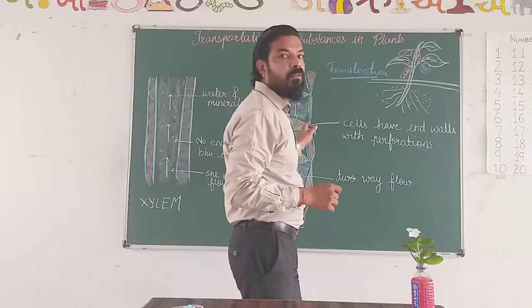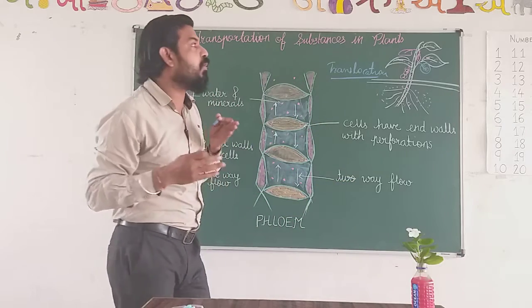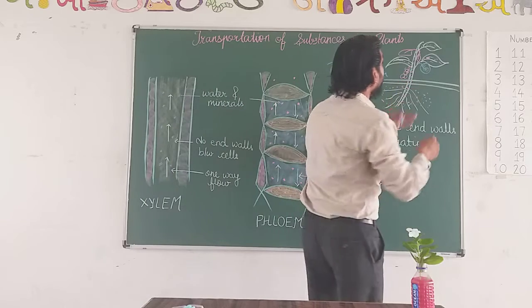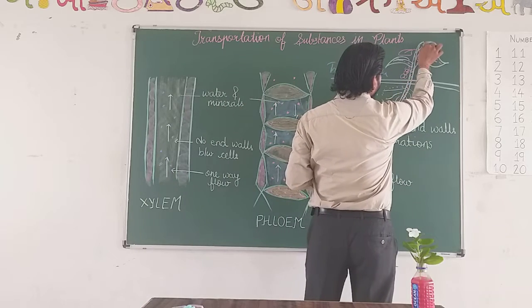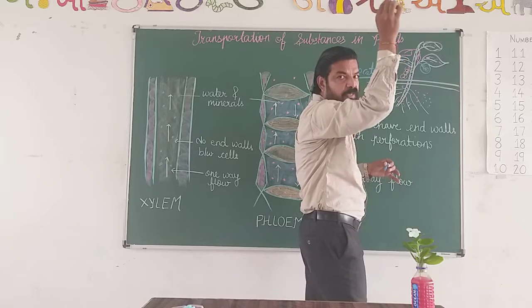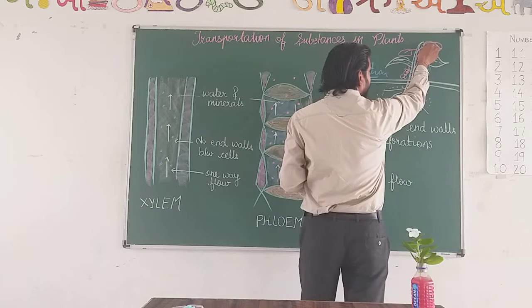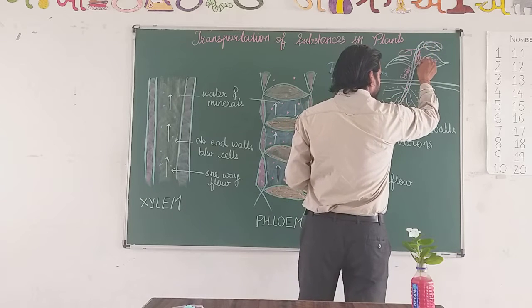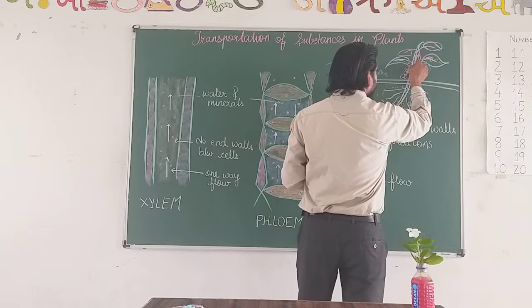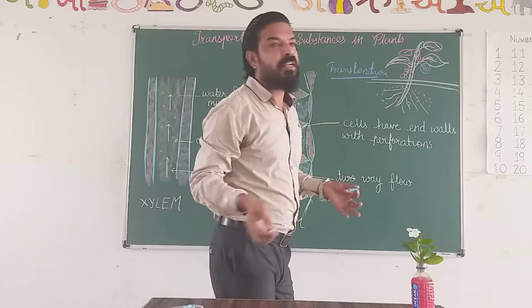So what happens? This phloem has two-way transportation. Means what? It takes what is made by the leaf, which is sugar, protein and vitamins made by the leaf. It collects and some part of it throws here, some part it throws here. Okay, these are different parts.